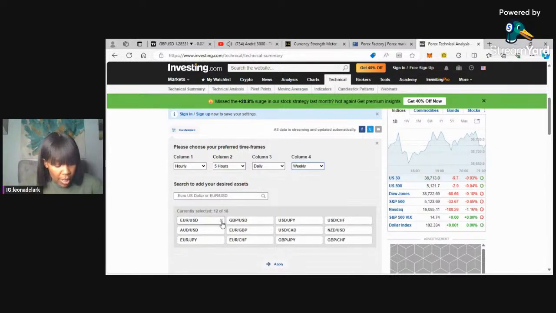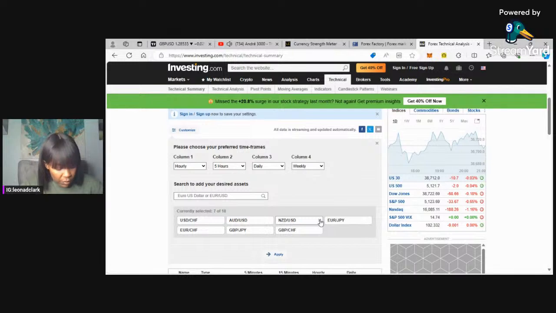All right, so now let me get all this other stuff off that I do not have on my list. Take all of this off, and then I'll be able to put everything else on. Euro CHF, GBP CHF. Okay, so let me add the rest of these on here, and then we can go forward.